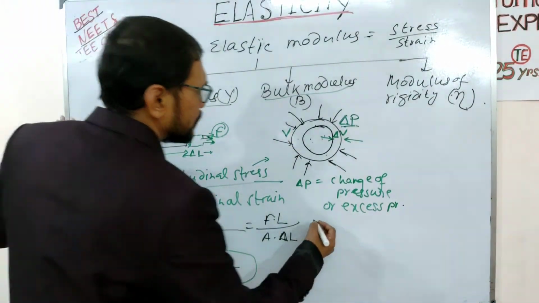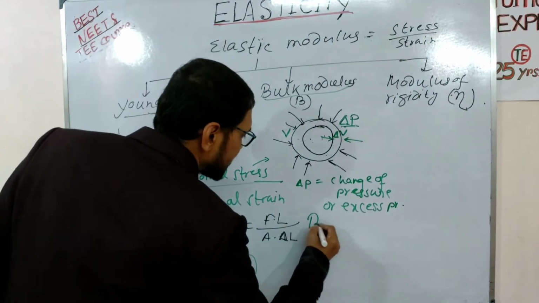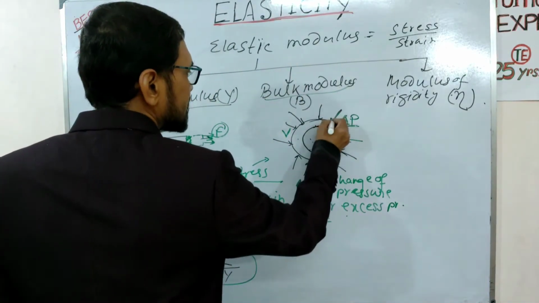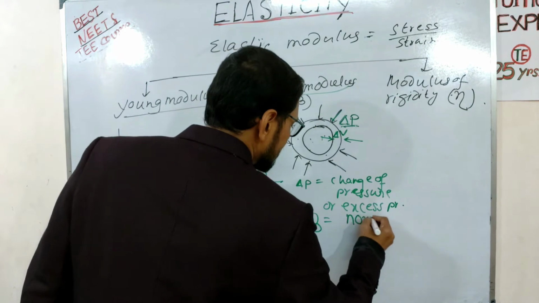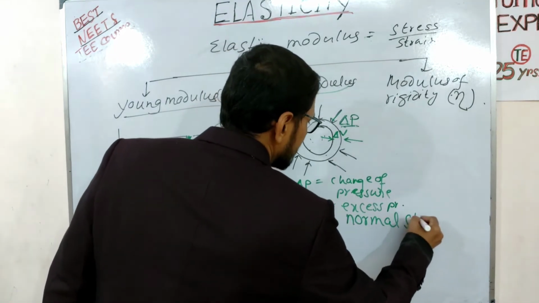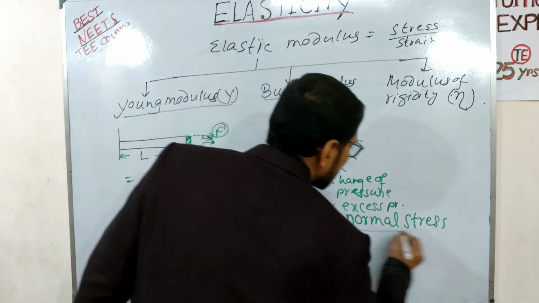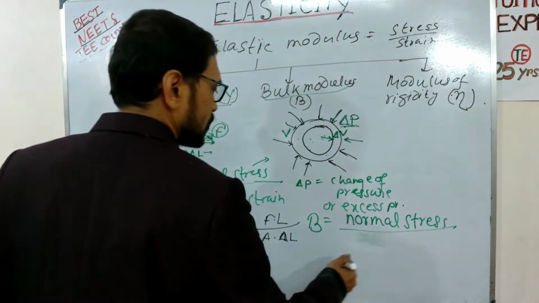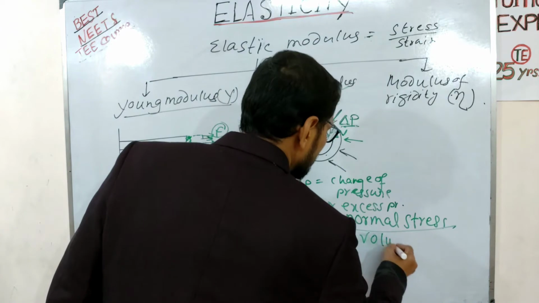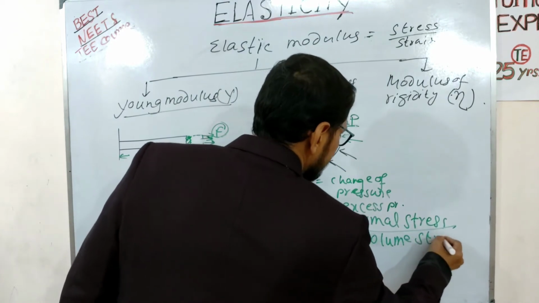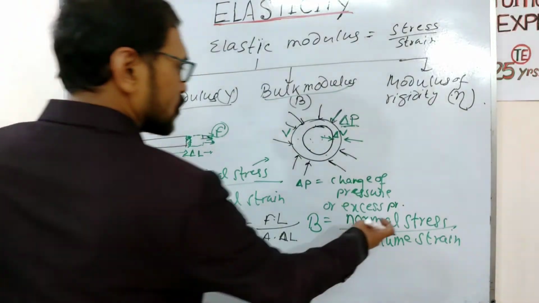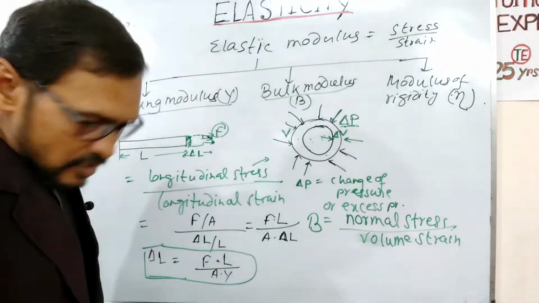Now what is bulk modulus? Bulk modulus is defined as volume stress, that is normal stress, divided by volume strain. Volume strain means decrease in volume by original volume.